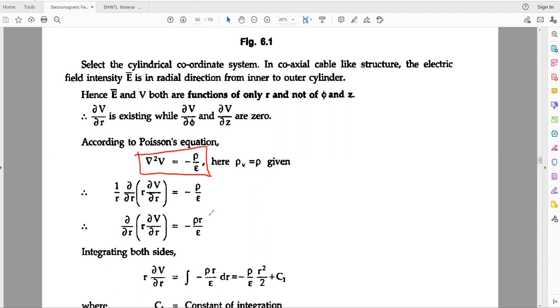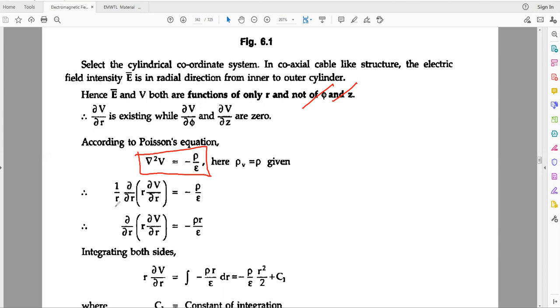So del square V, in the cylindrical coordinate system, is 1 by R dou by dou R into dou V by dou R equal to minus rho by epsilon, because there is no phi and Z. Only I am taking the first term, 1 by R dou by dou R of R into dou V by dou R.